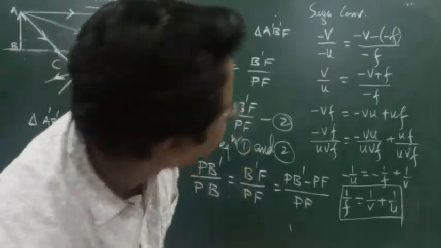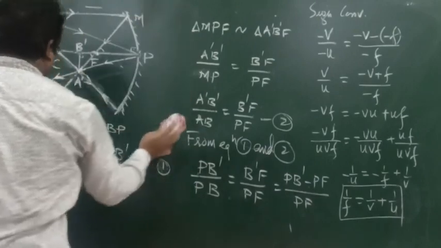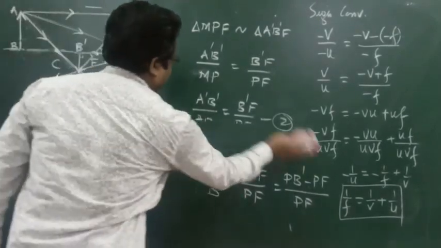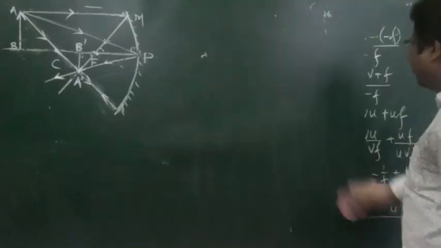After this, we will quickly see one last thing. That is what? Magnification. What is magnification? Magnification is a quantity which deals with the size of image and size of object.